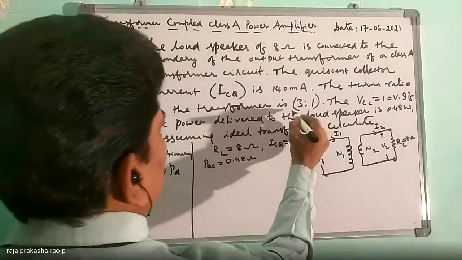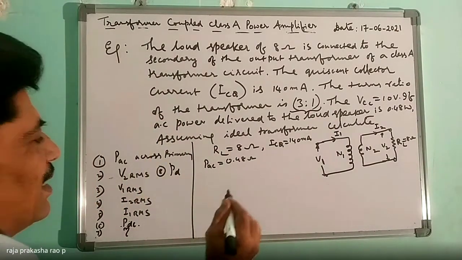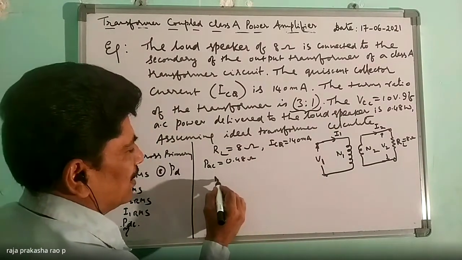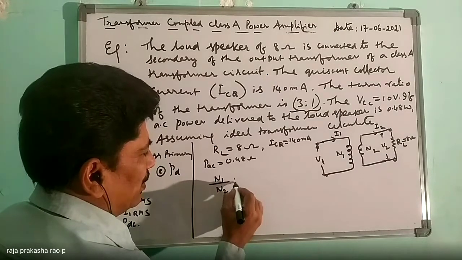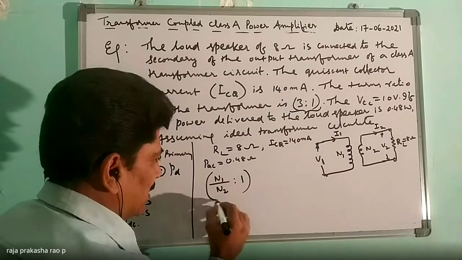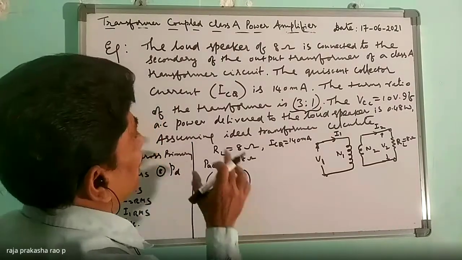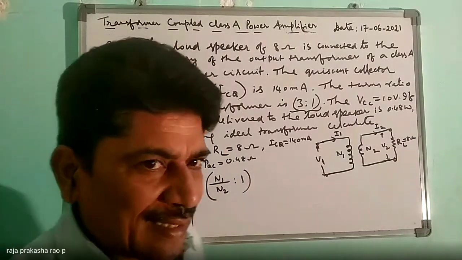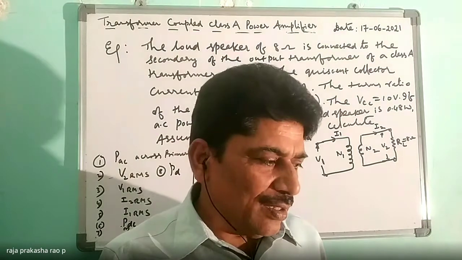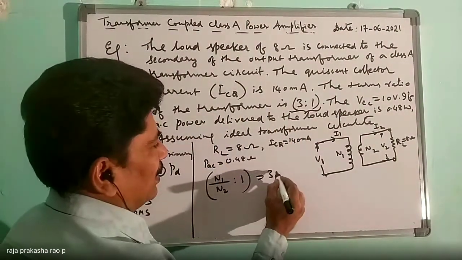And this is the ratio given, that is the turns ratio, we can call it. The turns ratio is specified like this: N1 by N2 is to 1. This is the specification we use for any transformer. It is given as 3 is to 1.